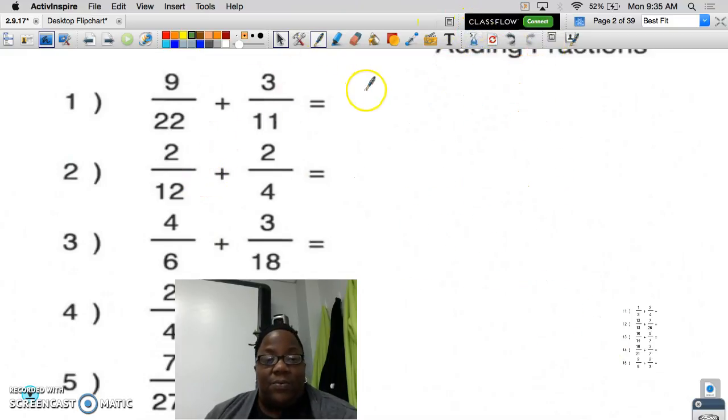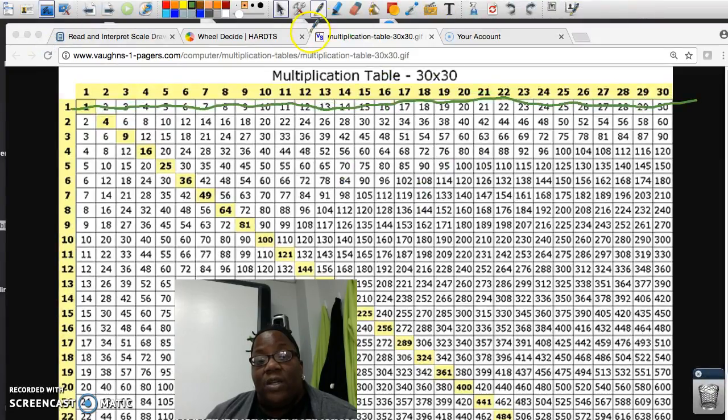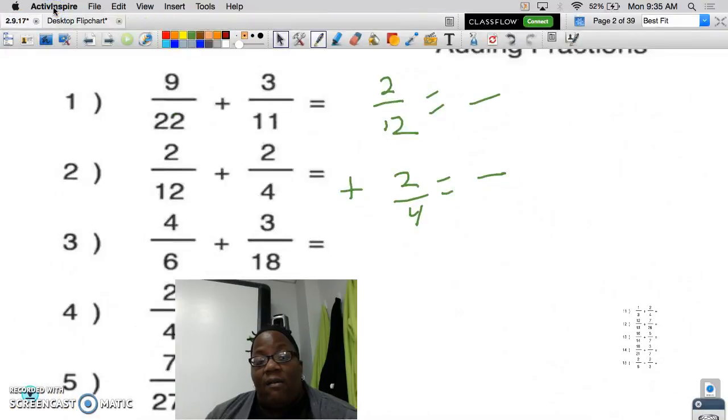All right, number 2, remember, write it vertically. Find the lowest common denominator. If you're not sure what it is, use a multiplication chart. So now I know I'm going in the row of 2 and I'm going in the row of 12 and 4.